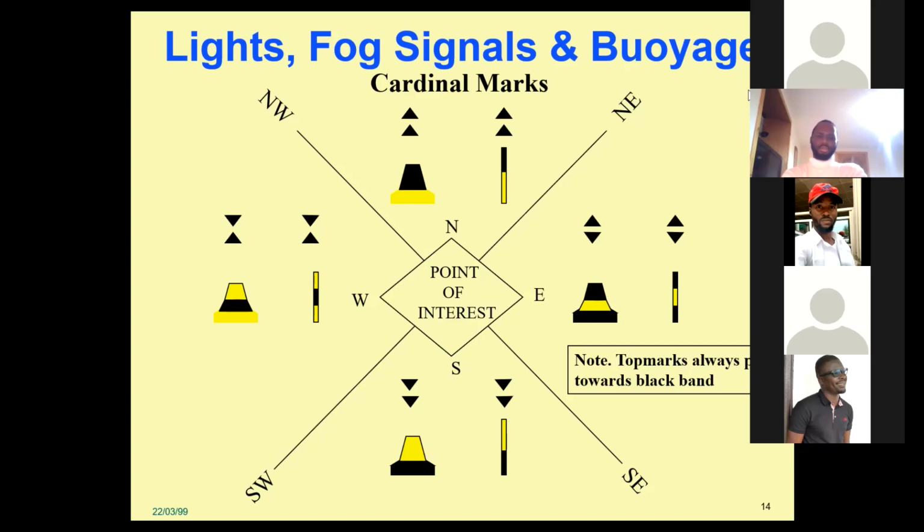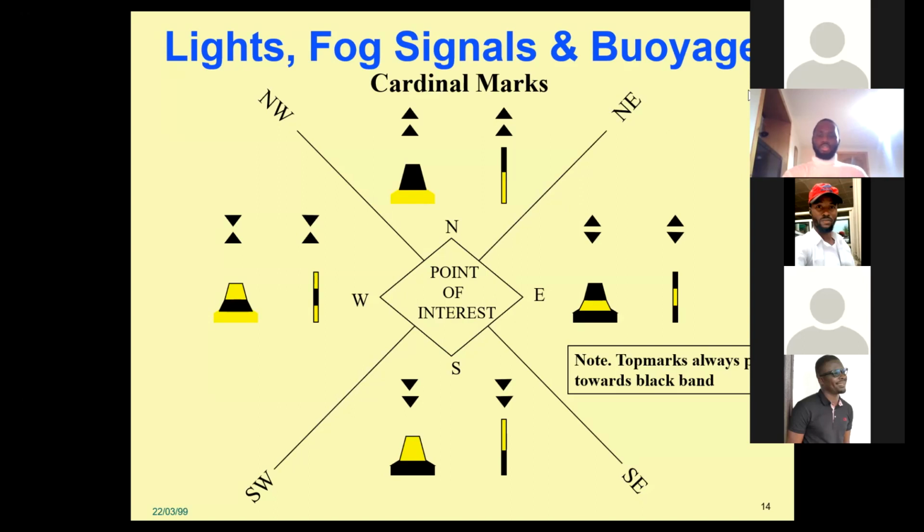If you are coming from southwest, the south, and the southeast, I see you at the point of danger already. You get what I mean? If you're coming towards that point of danger, at this point you do not know exactly which way to go.